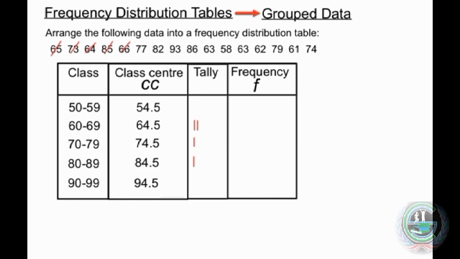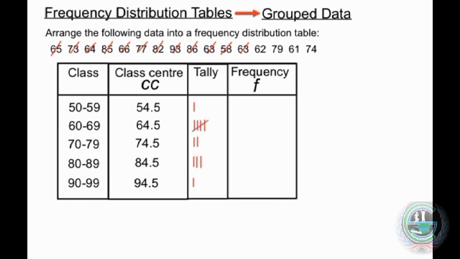We just keep crossing each individual score off and putting a tally mark down in the class that it belongs to. 77, 82, 93, 86, 63 goes in the 60s, 58 goes in the 50s. Now, this next marking, we've already got 4 tally marks in the 60s, and we're just about to add another one, and I want you to be aware of how we do that.